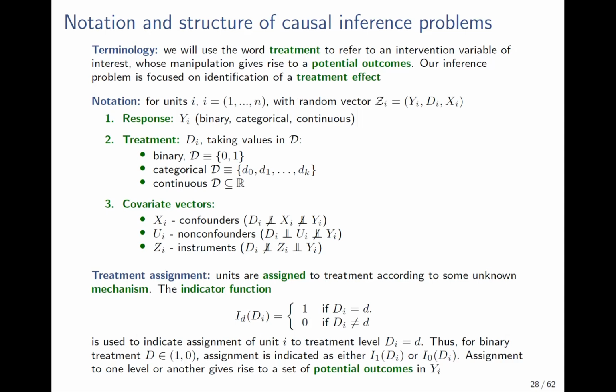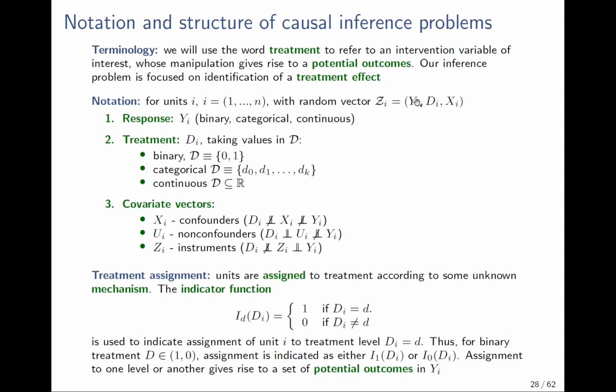Now, notation. We're going to index units as usual by i, and we have n units in the sample. And typically in causal inference problems, certainly in the potential outcomes framework, analysis is conducted on a random vector that has 3 elements. So this random vector, denoted by a curly Z symbol, has 3 elements.